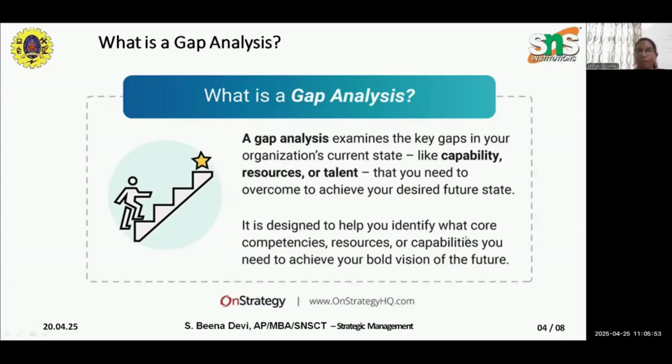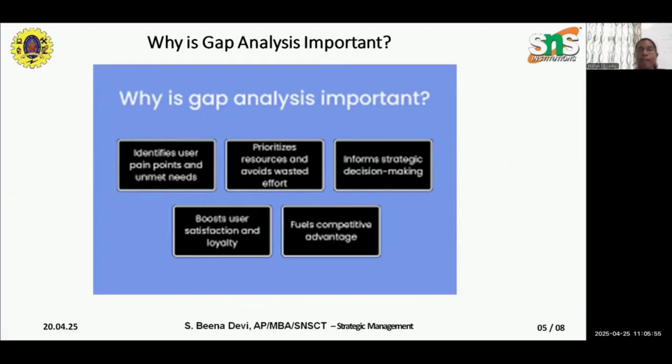Next, we are going to look into why gap analysis is important. So far we have gone through what gap analysis is, with an example. Now we need to know why this is important in an organization. First, it helps identify the pain points and unmet needs of the people in the organization.